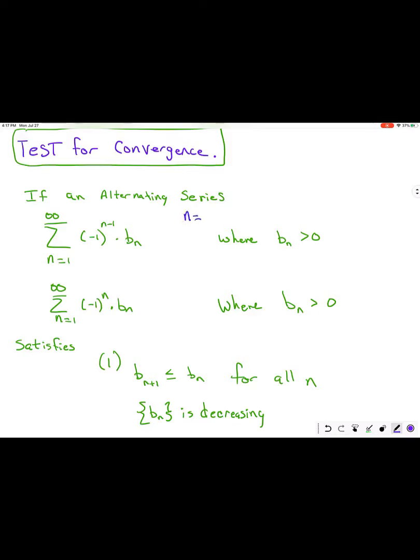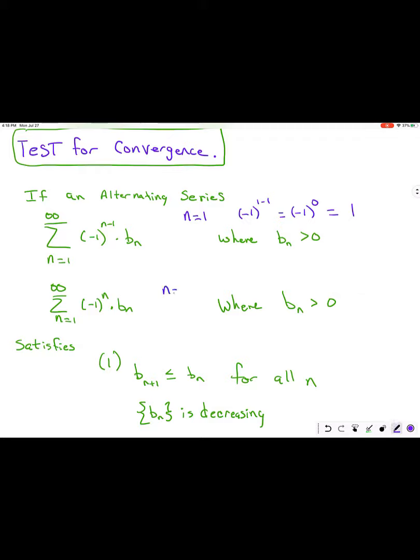Let's look at the first one, n equals 1. When n equals 1, we have minus 1 raised to the 1 minus 1, which is minus 1 raised to the 0, which is positive 1. So when we start with minus 1 raised to the n minus 1, our first term is positive, then negative, then positive, then negative, and so forth.